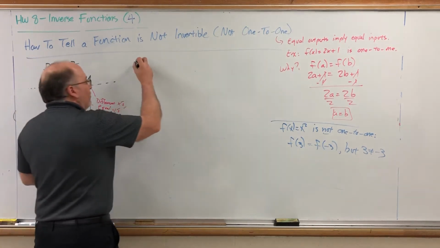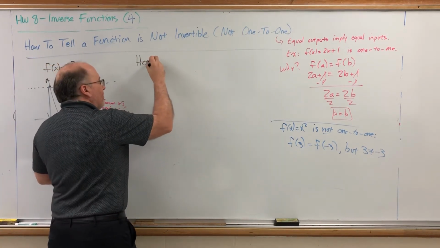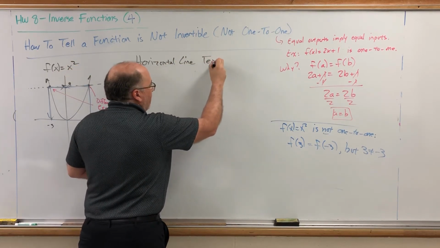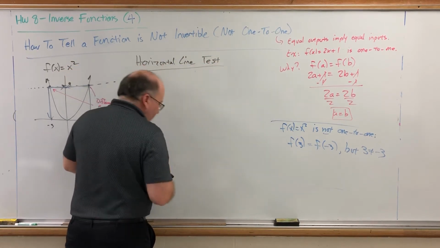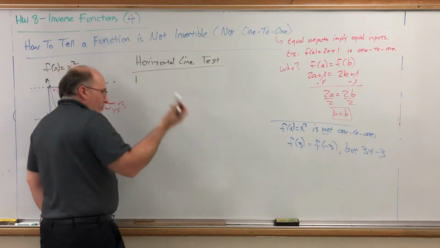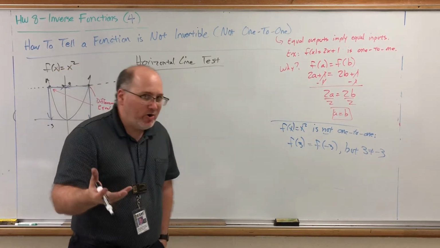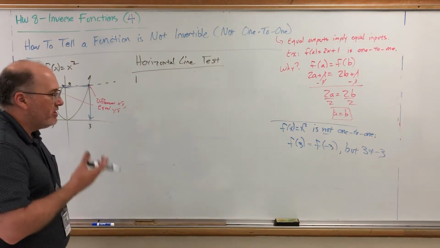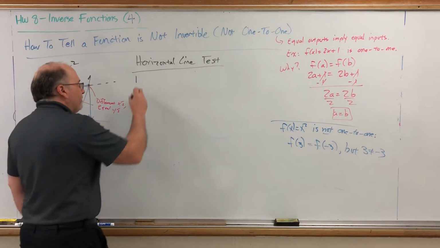And that way is called the horizontal line test. It's like the vertical line test, which answers the question, are you a function? The horizontal line test answers the question, is a function invertible?